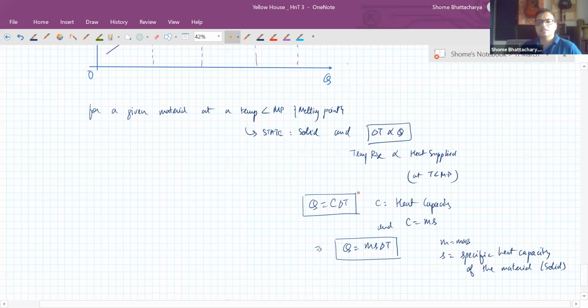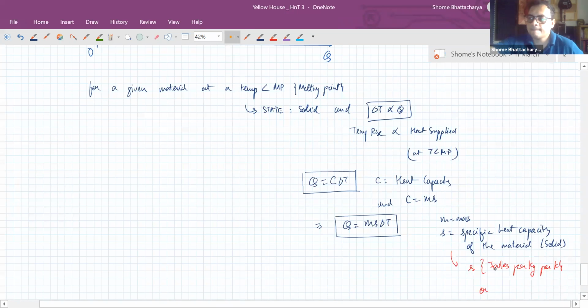So this specific heat capacity is measured in joules per kg per Kelvin, or joules per gram degree C, or calories per gram degree C.